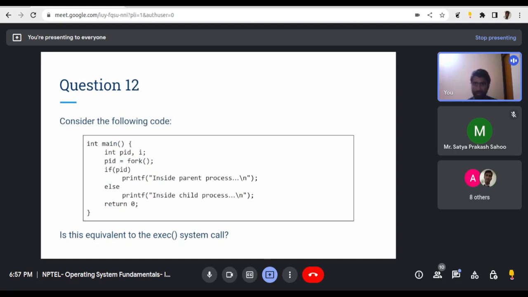So as you may know, the exec system call is used to execute a different process in the child process other than what is present in the parent process. So the whole process structure can be replaced with the exec system call.